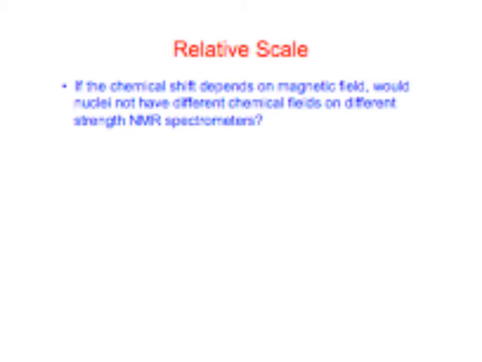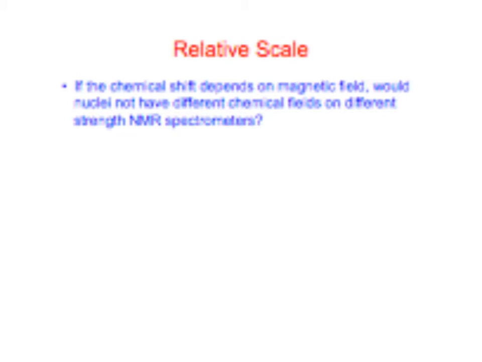All right, so before we get to look at the actual chemical shifts, we have to know what kind of scale we use, okay? Because the frequency that we're going to observe depends upon the magnetic field, right?